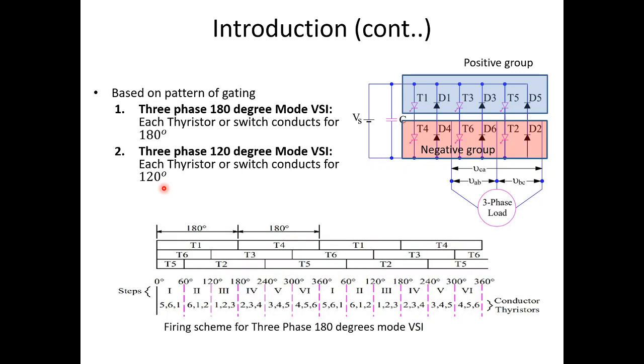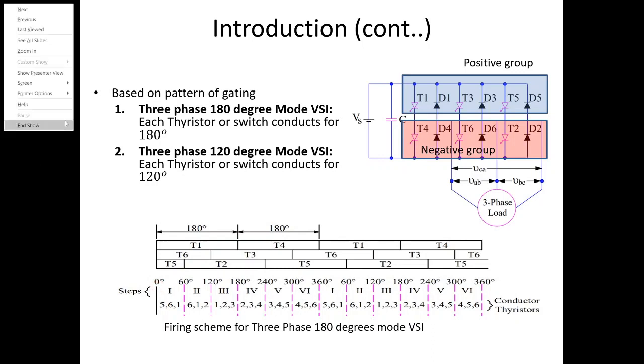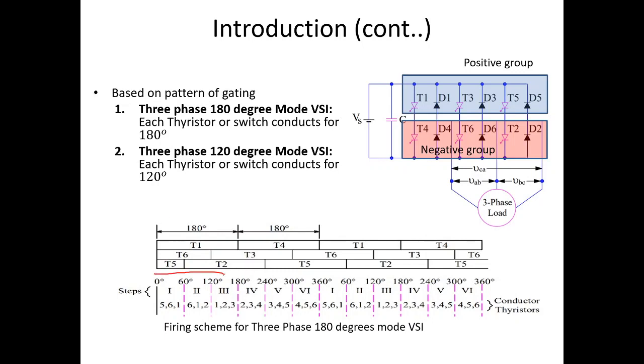The gating pattern of the 180 degrees mode voltage source inverter is given here in the form of this table. Each cycle corresponds to 360 degrees. This 0 to 360 degrees indicates one complete cycle for completion of a voltage waveform for any phase.